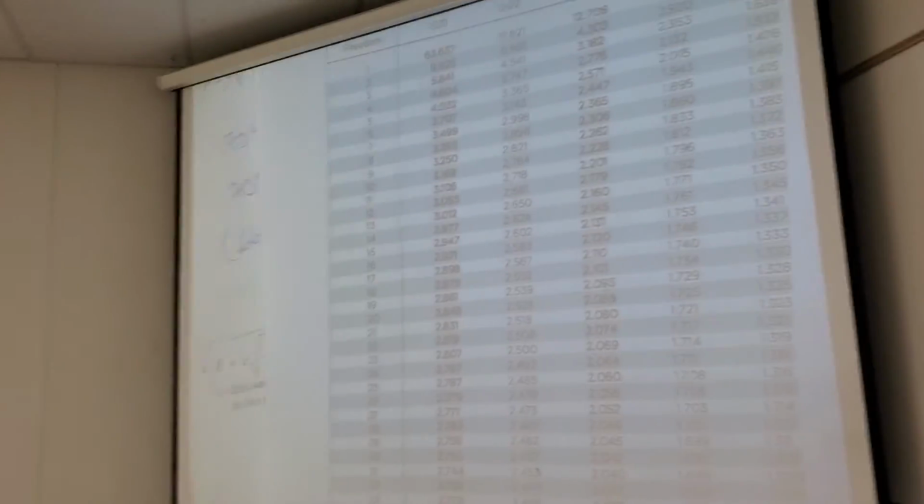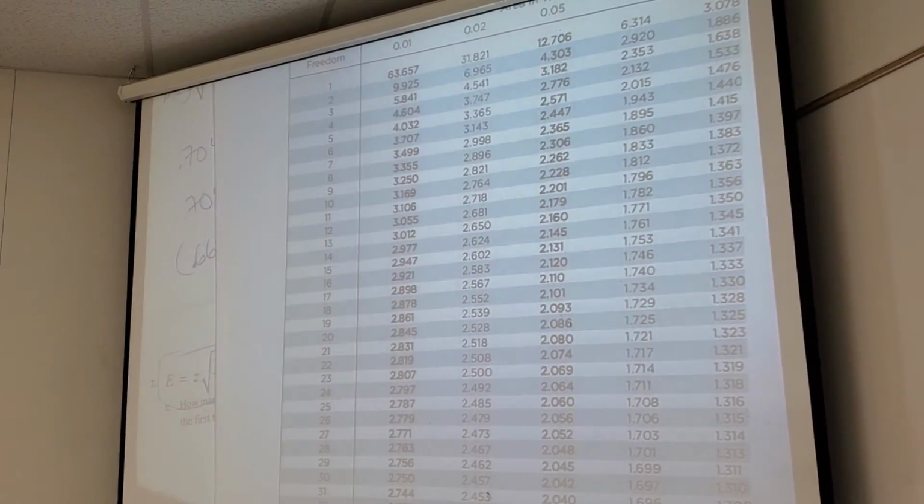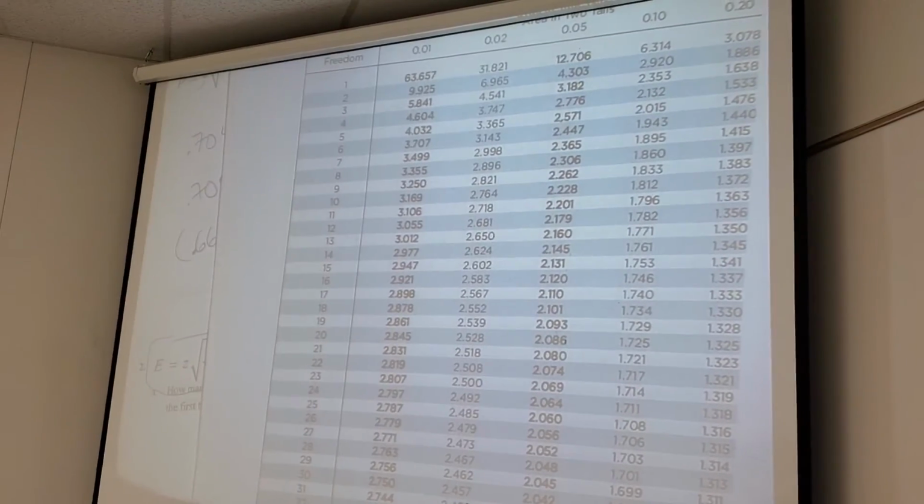So notice a couple things. Look at the very bottom. Does anything look familiar? The numbers at the very bottom of the chart.